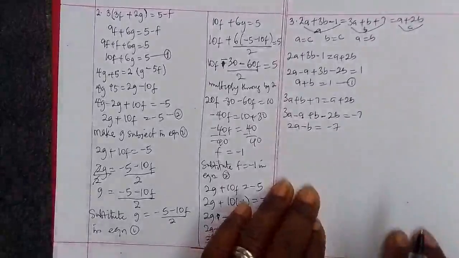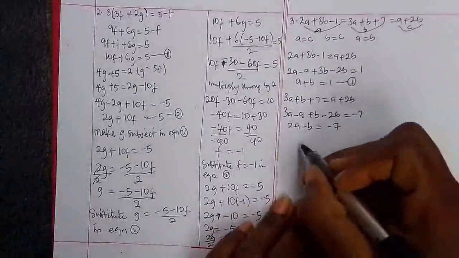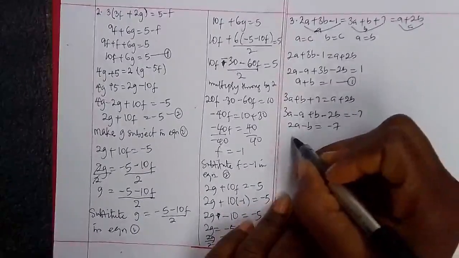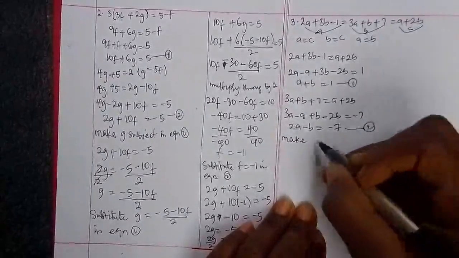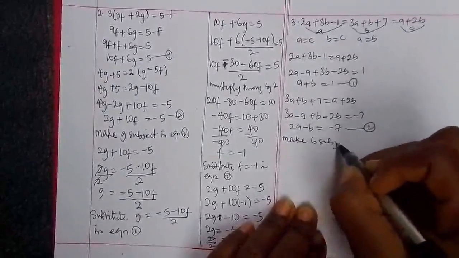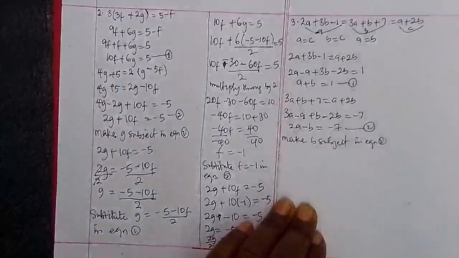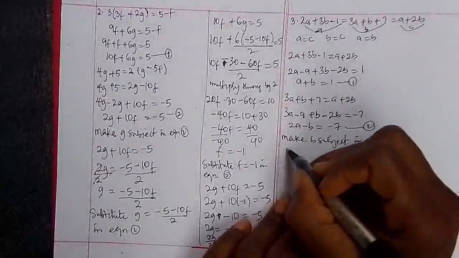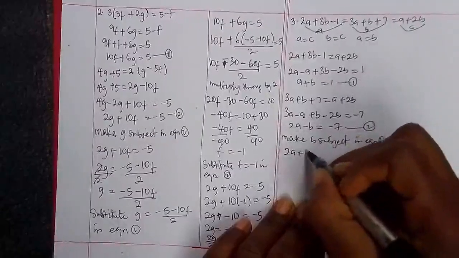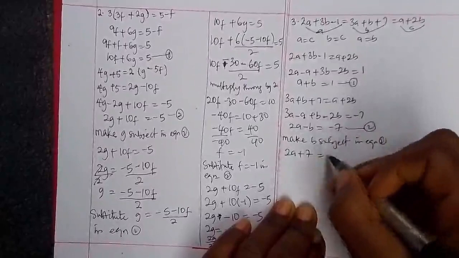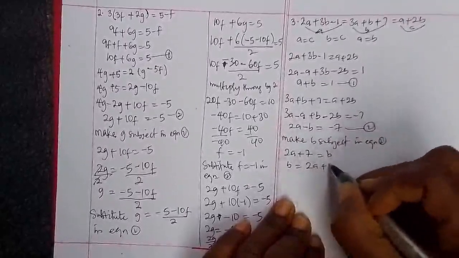Now let's make b the subject in equation 2. So we have 2a, minus 7 comes over, it becomes plus 7, is equal to b. So b is equal to 2a plus 7.